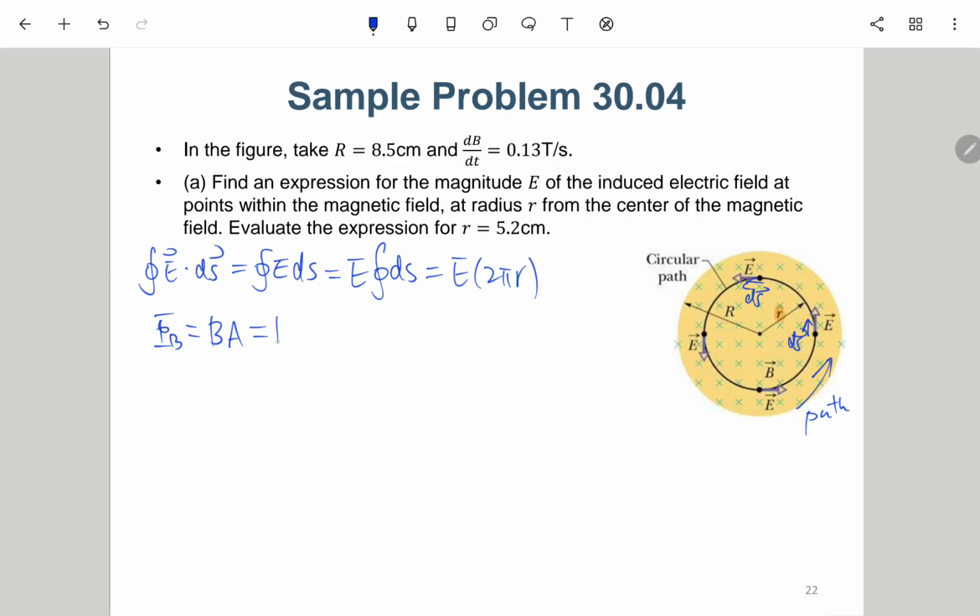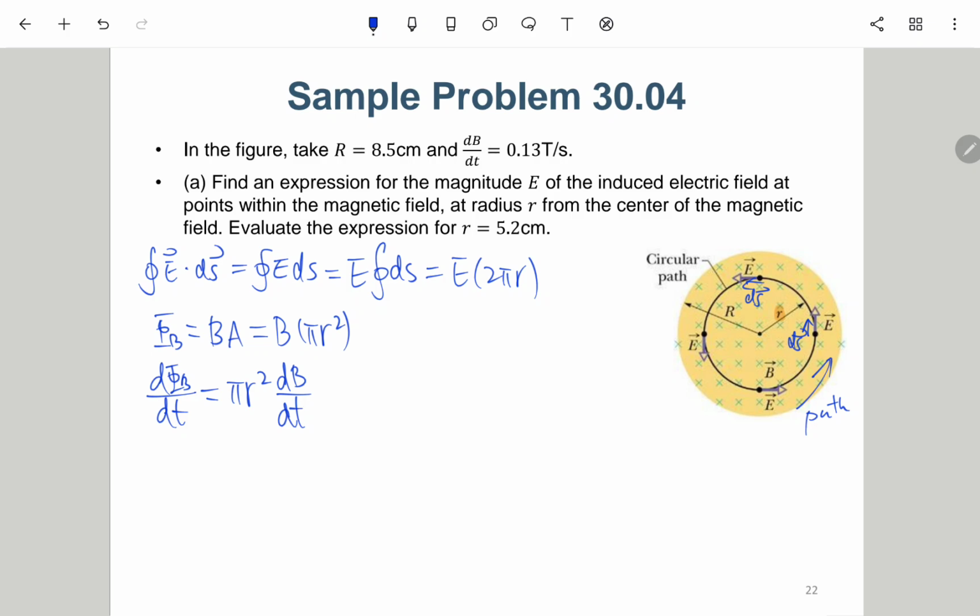The area is the area of a circle, pi r squared. Then we take the derivative with respect to time. Pi r squared is independent of time, so finally it becomes dB dt.